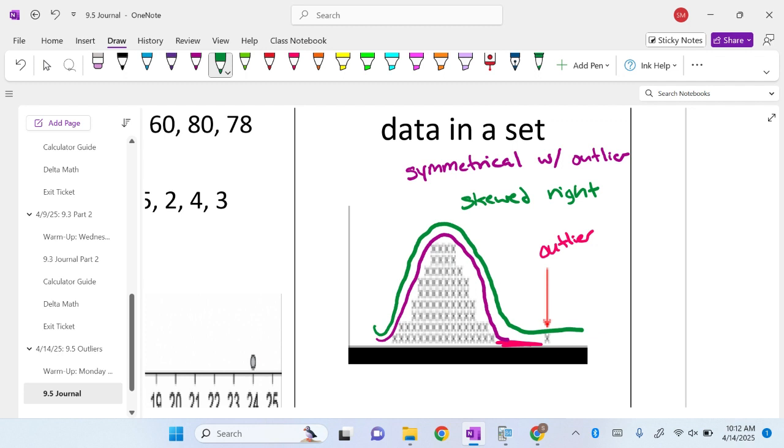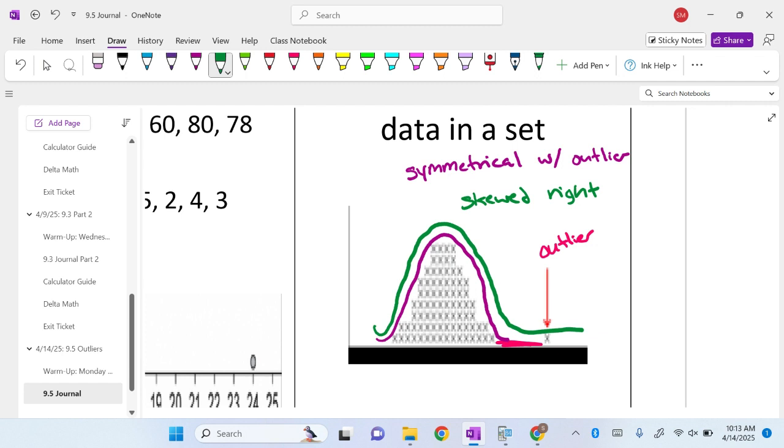Because typically, when you look at data, you're hoping that it would be fairly symmetrical. That's typically the hope. But if not, there's probably some outliers in there, meaning that they just kind of happened. It was like a once in a blue moon.